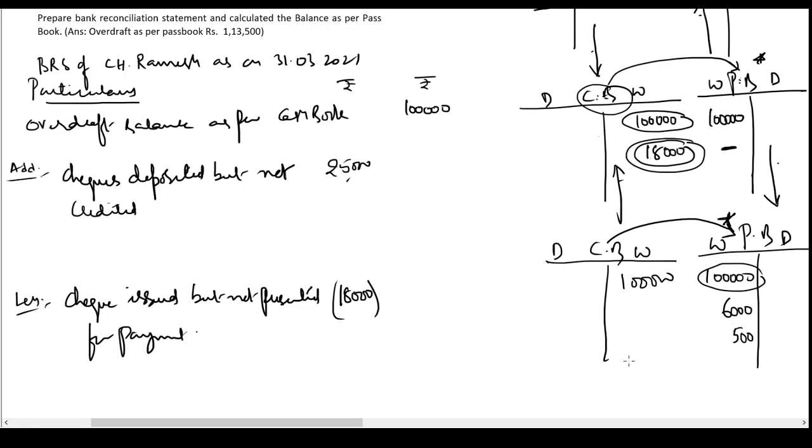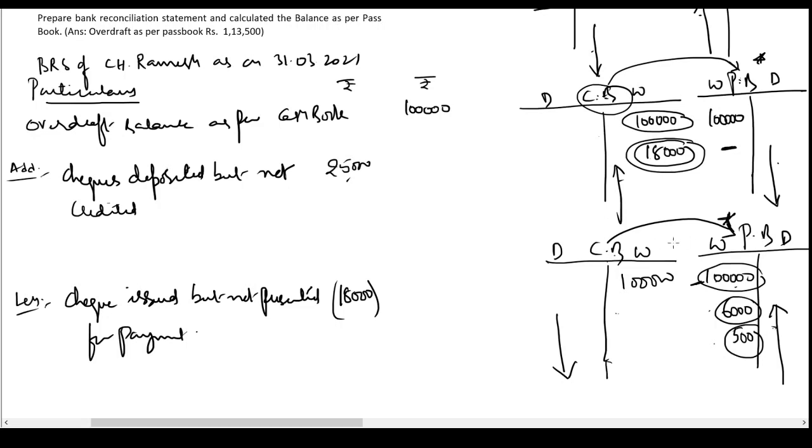So now what will happen? Just look at the problem. We started with the debit balance. There are two more debits. So this balance is bound to increase. Whereas here the balance is relatively lower. We started with debit, withdrawal side was more than the deposit side. Few more withdrawals have happened, so this balance has increased, whereas the balance here is less. So what should I do to the cash book to make it equal to the passbook?